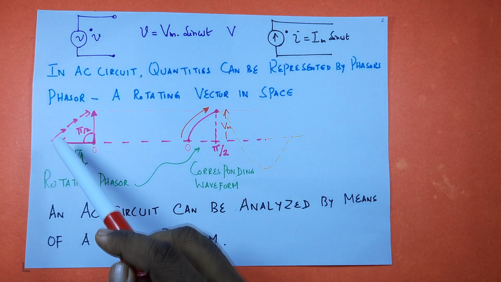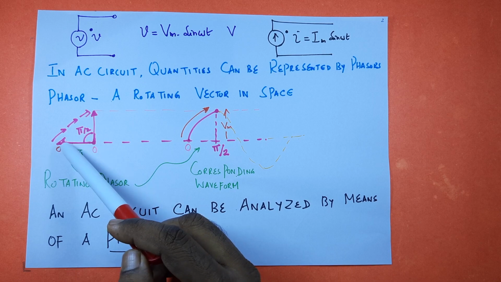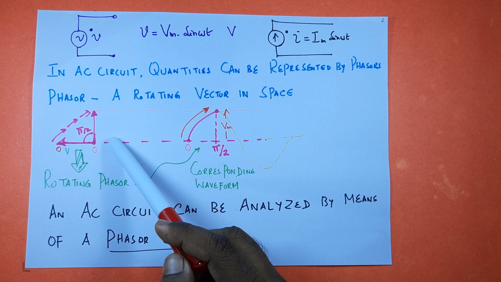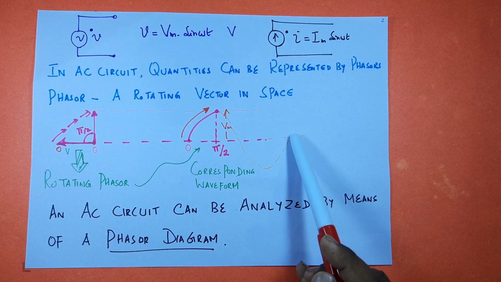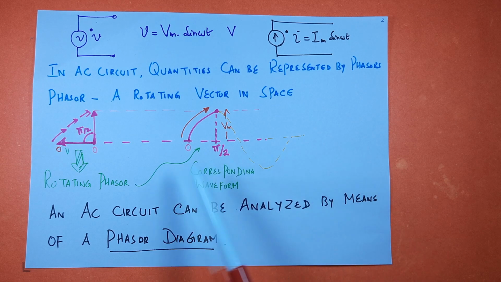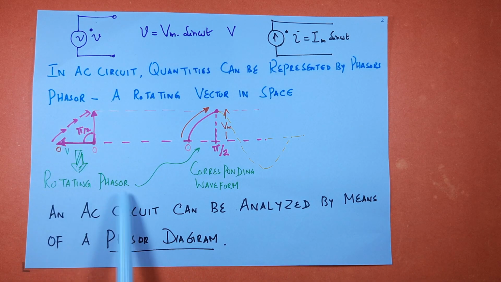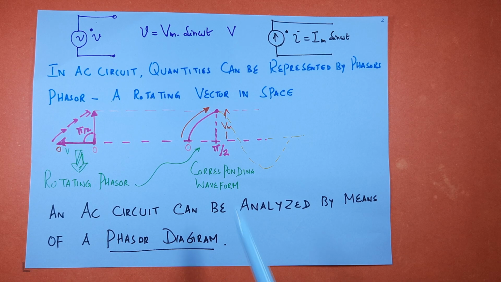If this phasor rotates 180 degrees, a half cycle will be completed. When it completes another 180 degrees, another half cycle will be completed. So this is your rotating phasor, actually a rotating vector, we call it a phasor. This is your corresponding waveform. Therefore, an AC circuit can be analyzed by means of a phasor diagram.